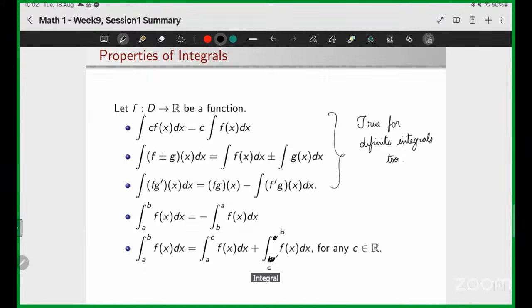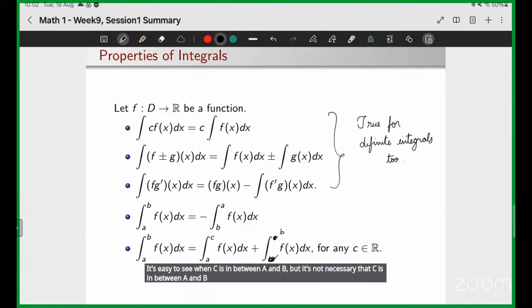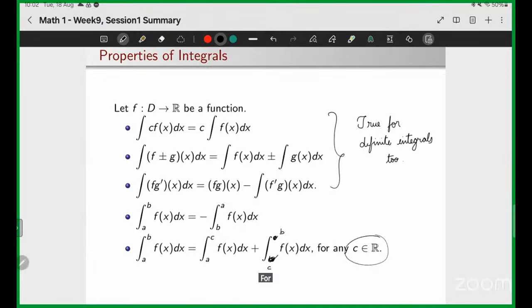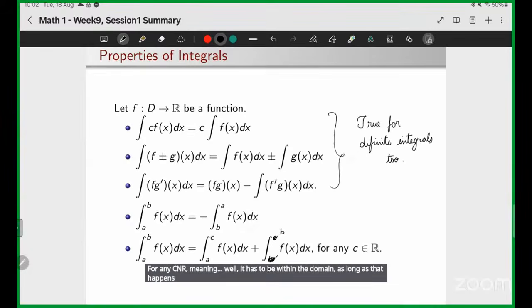Integral A to B can be written as integral A to C plus C to B. It's easy to see when C is in between A and B, but it's not necessary that C is in between A and B. For any C in R, meaning, well, it has to be within the domain. As long as that happens, you can still do that.